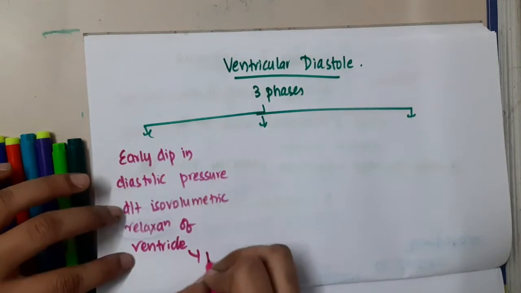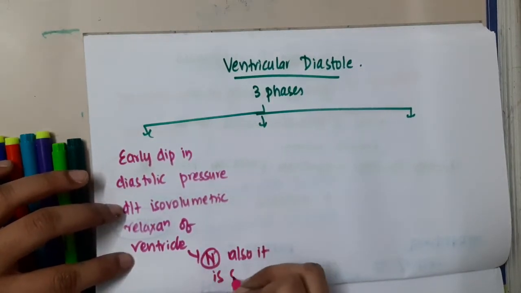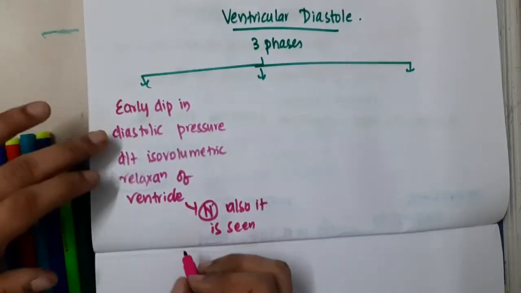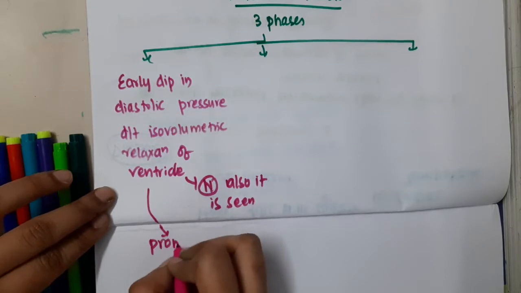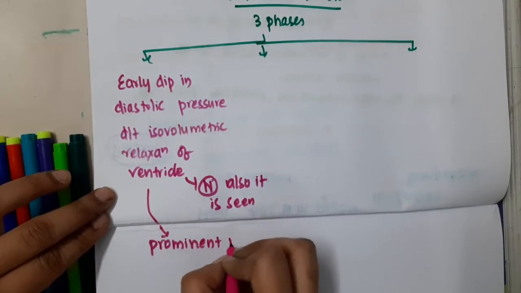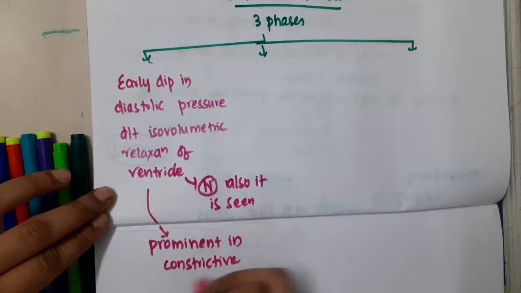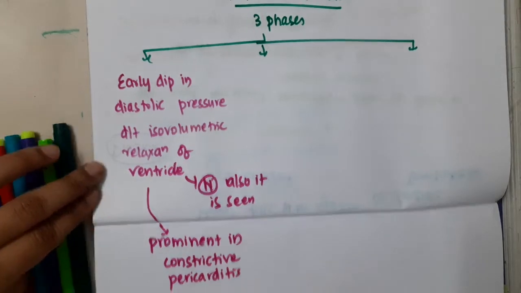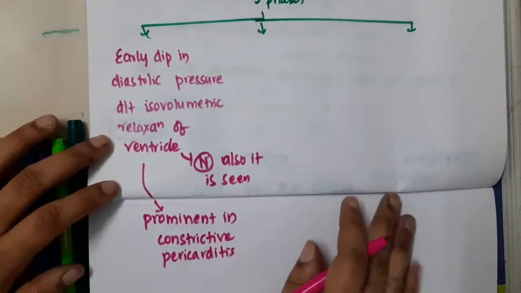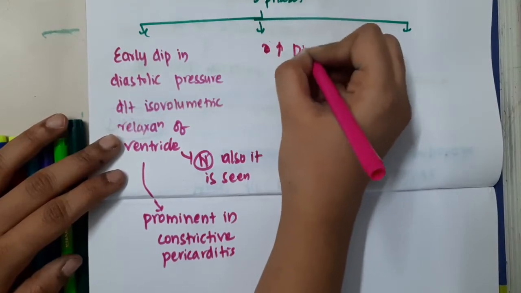This is seen normally also, but the difference is this early dip in diastolic pressure is actually prominent in constrictive pericarditis. That is number 1. Number 2, there is a second phase, with increased diastolic pressure.